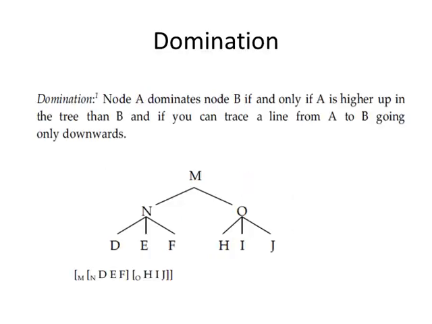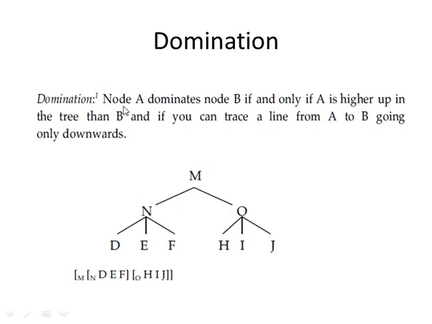Okay, now let's talk about domination. Domination is about the relationship between a label in the tree and other labels. Jadi hubungan antara satu dengan yang lain dalam sebuah pohon. Okay, let's have a look at this rule.